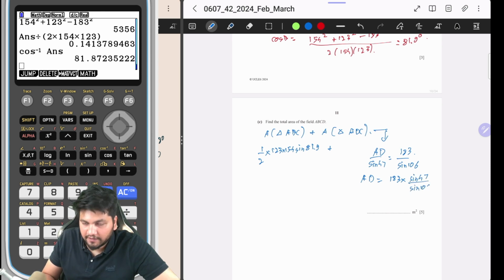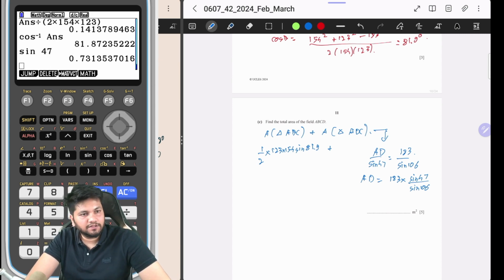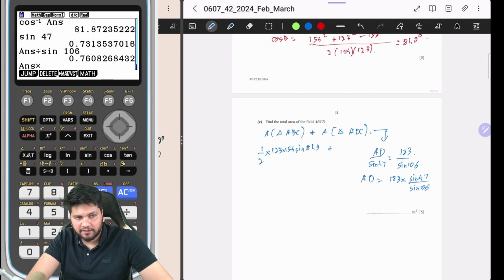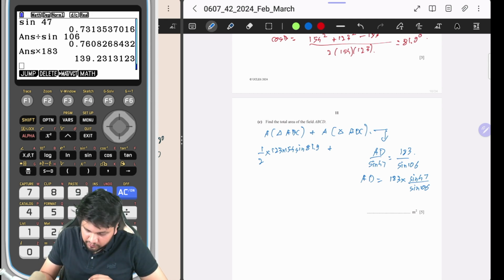For accurate values, what I would prefer is that you should always use sine 47, use answer for this, then you divide by sine 106, proper literal values, you get some decimal 0.76, right? That you multiply, I'm using answer, that's what I'm saying, don't use 2 or 3 decimals. So 183, and you get the value as 139.23.